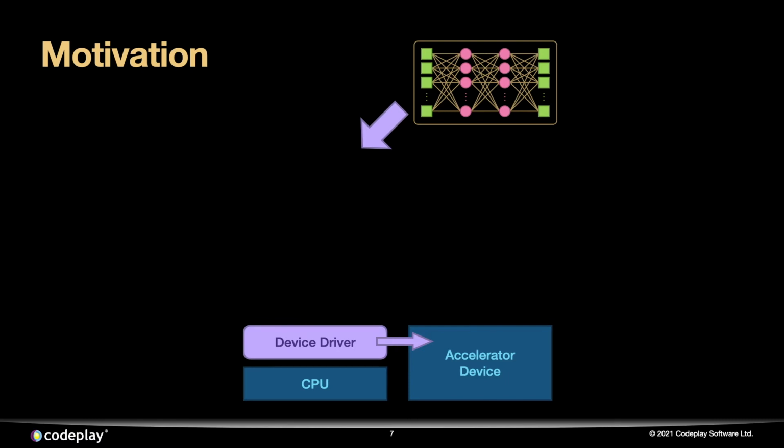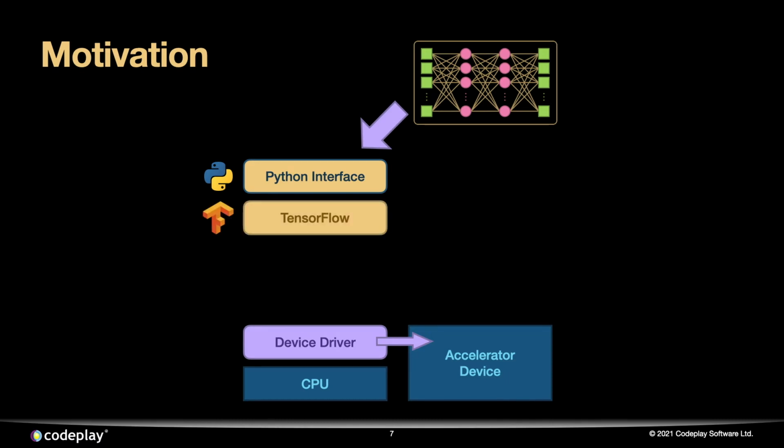One of the software stacks that we work with at Codeplay looks a little bit like this. The machine learning model will be implemented inside Python, and Python really just provides an interface to TensorFlow. TensorFlow will take the machine learning model and convert it into some sort of graph, which is composed of TensorFlow operations.